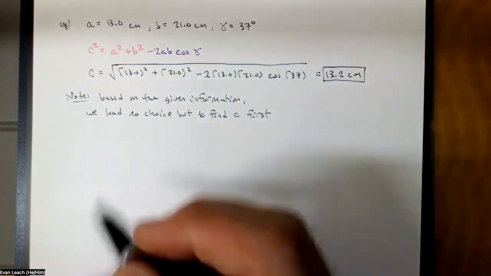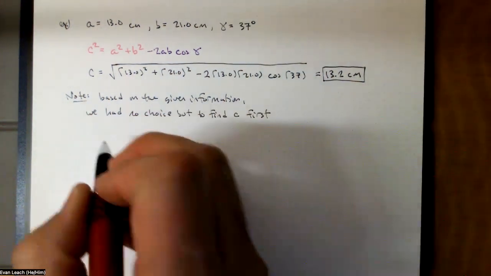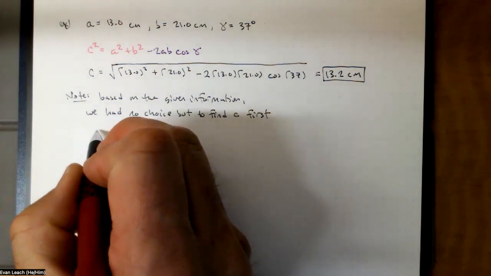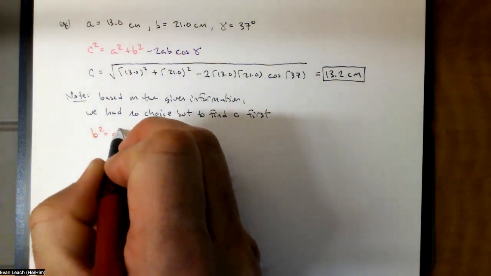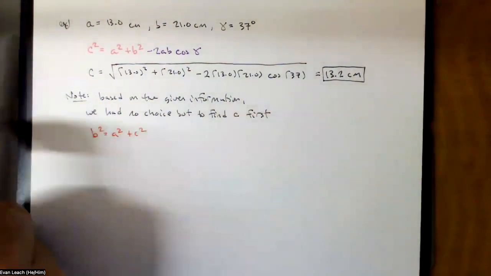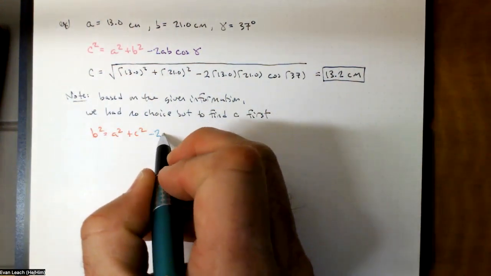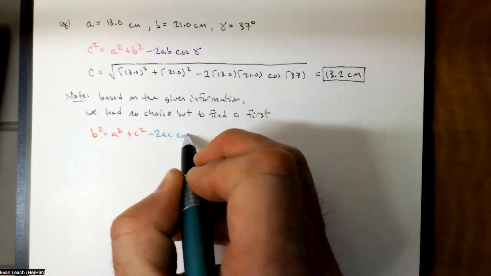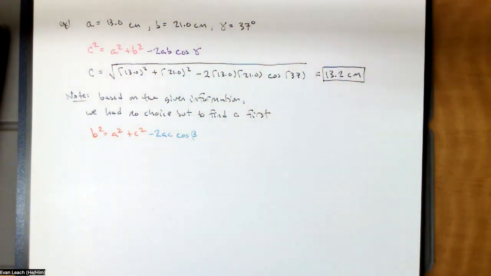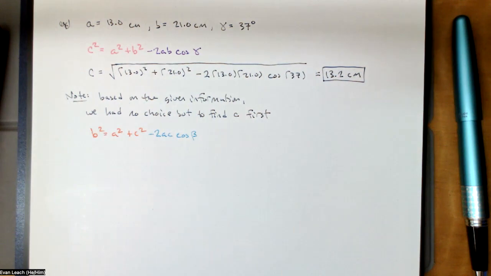The other version of the law of cosines says b squared is a squared plus c squared minus 2ac times the cosine of beta. If I wanted to use this to find b, oh, I have b already. If I wanted to use this entry in the law of cosines, this requires beta, and we don't have beta.